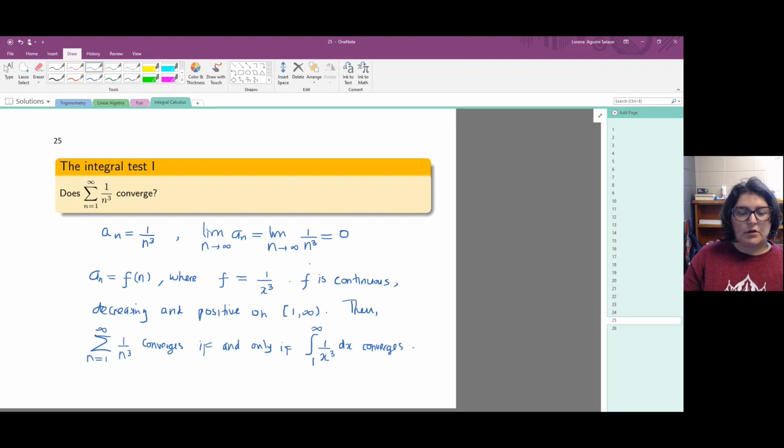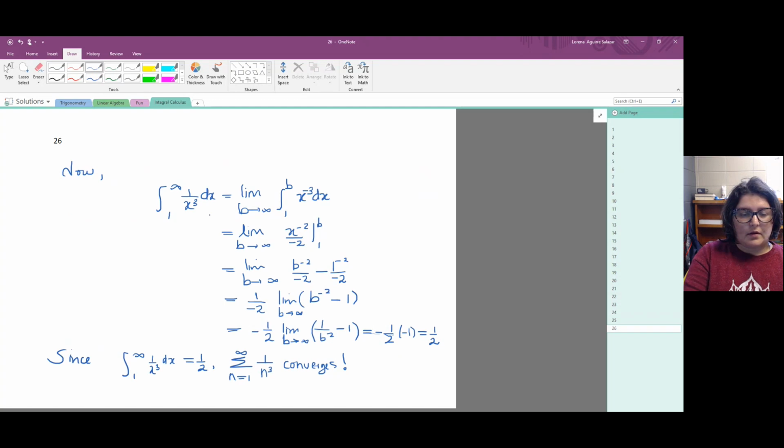And then we used the integral test to say that convergence of the series is equivalent to convergence of an integral. Then we found that the integral was finite, the integral converged to 1/2. So we said, okay, because the integral converged, then the series converges because of the integral test.